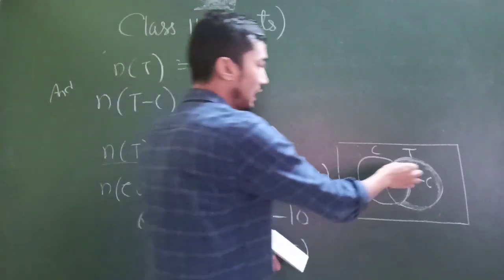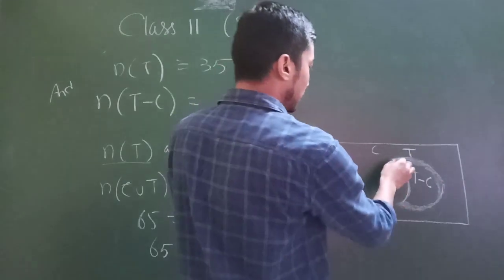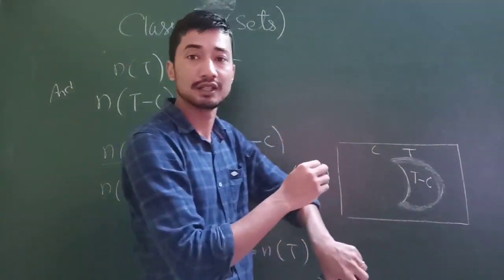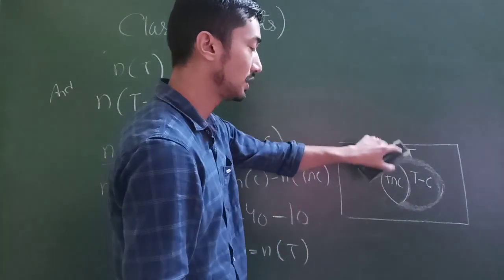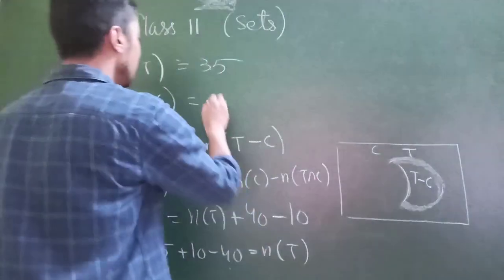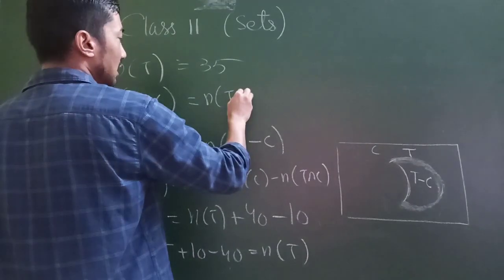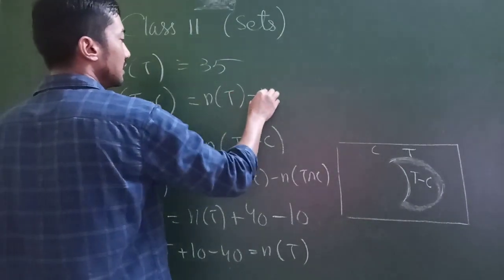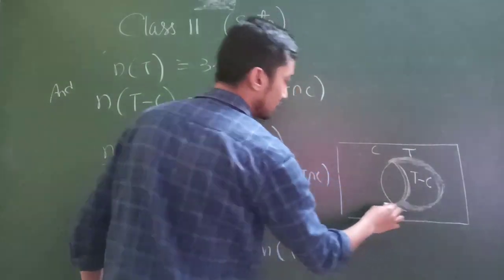As I said, from the tennis group, if I remove this group, that is T intersection C, I will get T minus C. So that will be n of T minus n of T intersection C. From T, I've just removed this part.